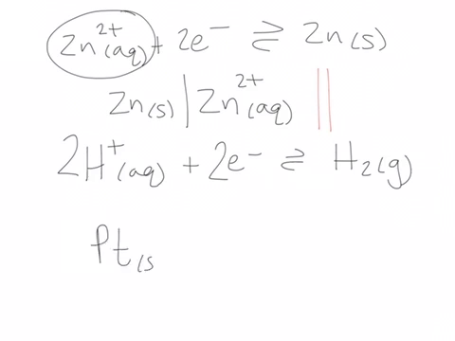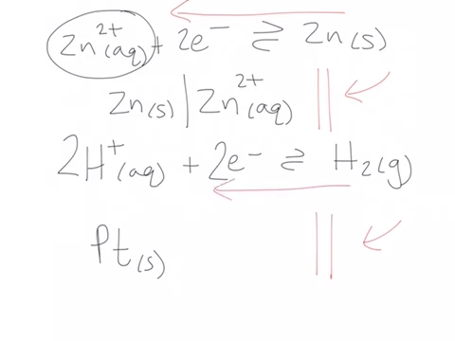So we put platinum here again. I'm assuming that it would be on the left hand side, and the salt bridge is going to be over here. In this particular example, this is suggesting, because its salt bridge is on the same side as it is with the zinc, and the zinc was going in the direction of oxidation, that again this one would be going in the direction of oxidation.